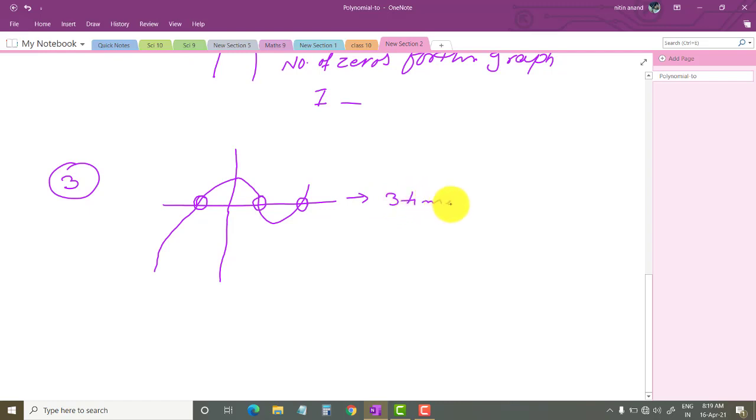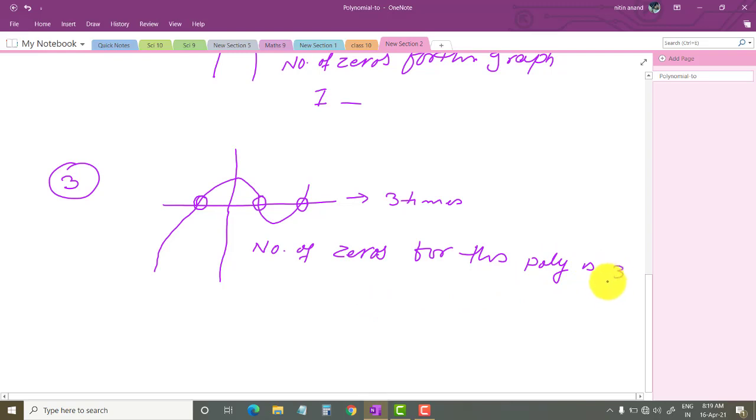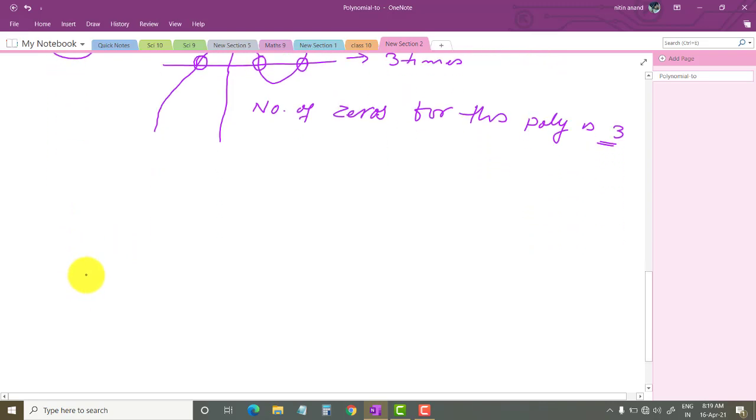So the number of zeros for this polynomial is 3.